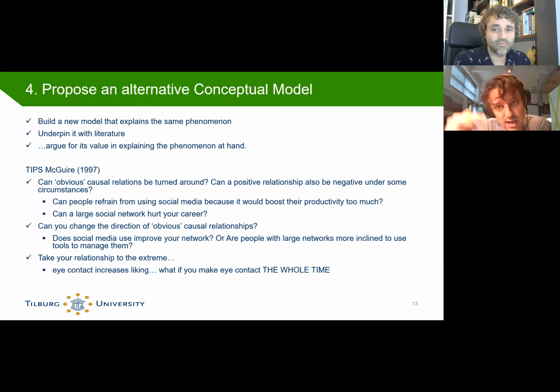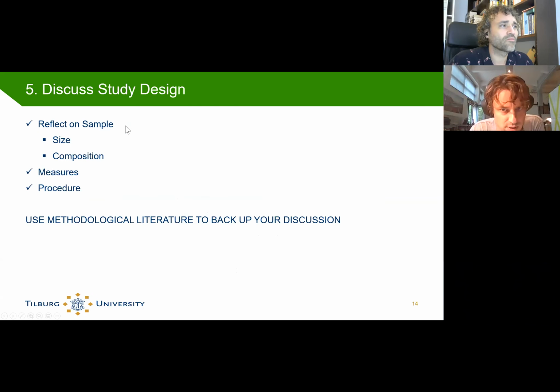So think of the alignment between study design and research question, but also reflect on any of the characteristics of that methodology. Is the sample large enough, but also are there the right people? And are the measures appropriate and validated, or are there stronger measurement scales, for example, that have been overlooked?